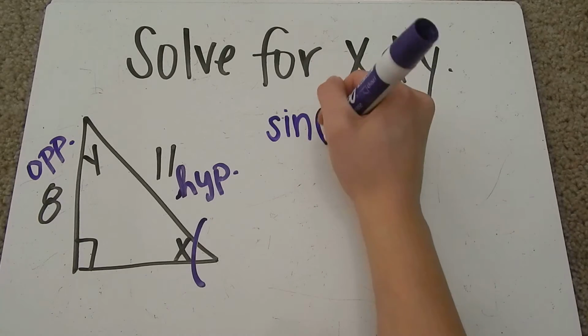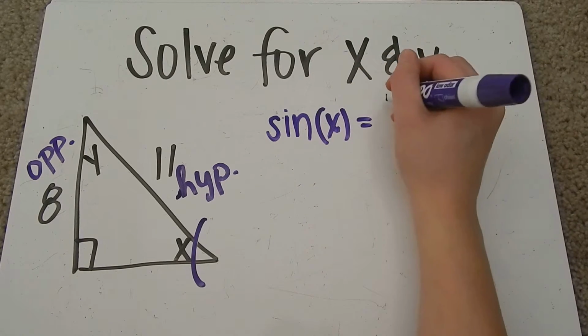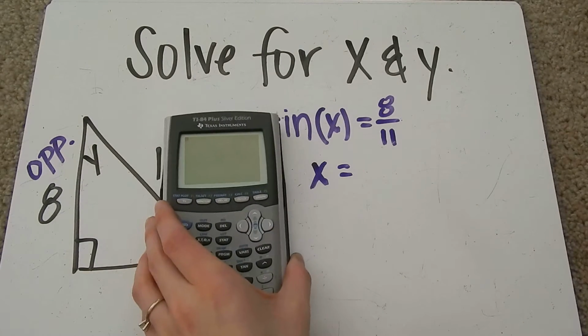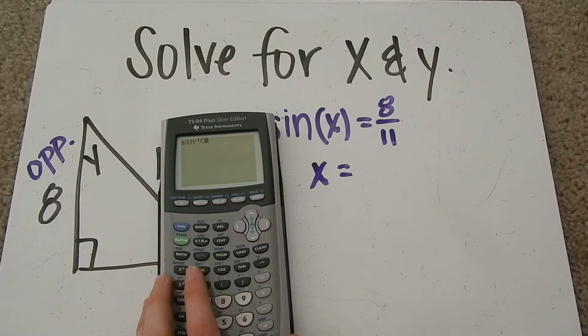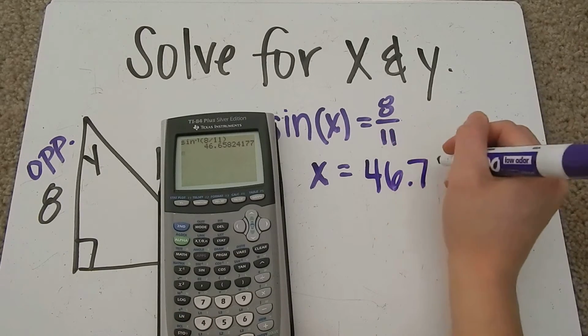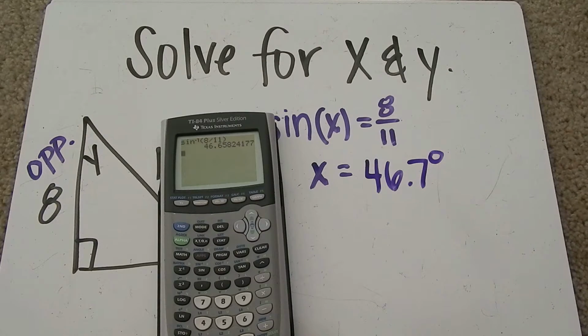So it's sine of the angle equals O over H. To undo sine, we do the inverse. So I'm not going to write it all out, but in our calculator that would look like second sine, 8 divided by 11, and we get our answer, 46.7 degrees when we round to the nearest tenth.